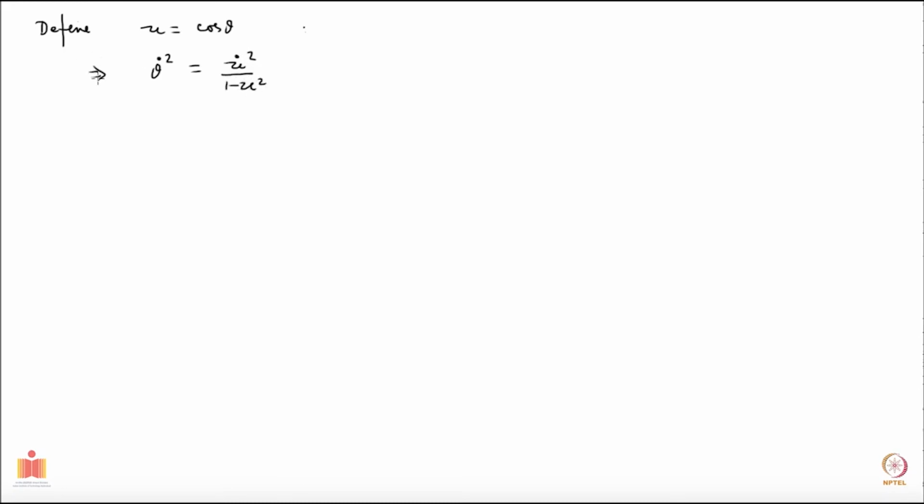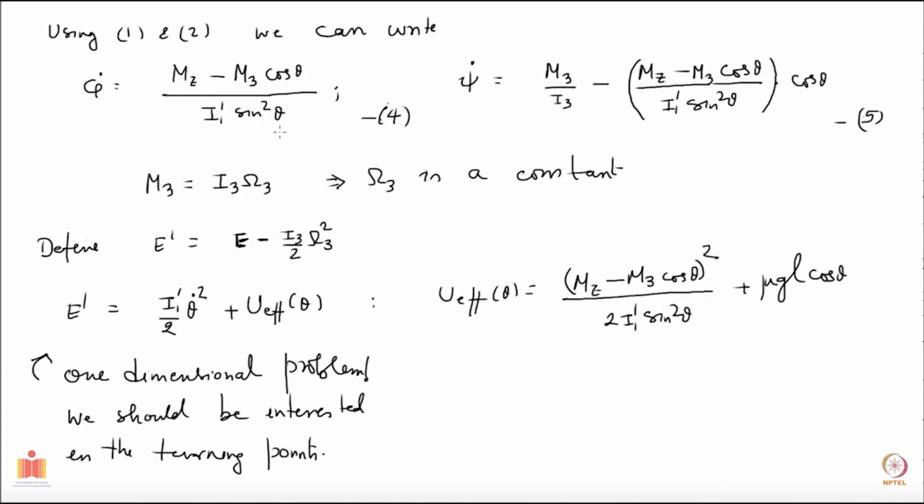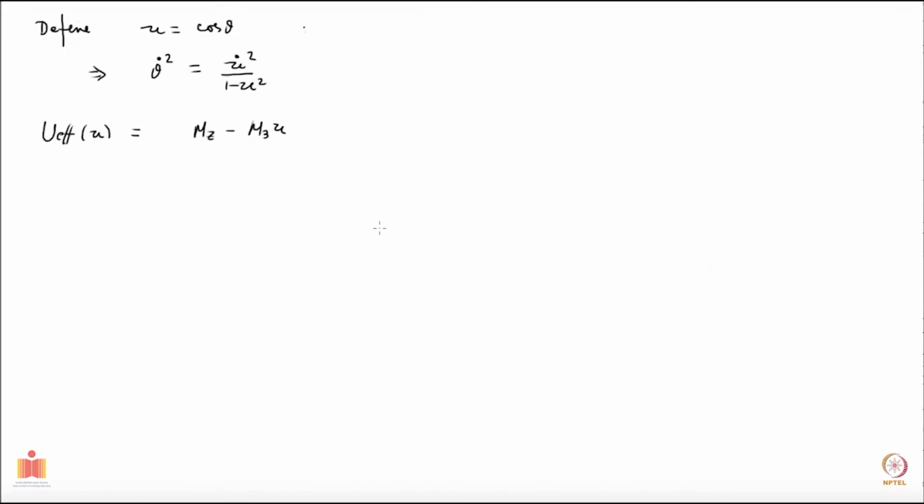Okay, that's nice. And my U effective of u becomes (mz minus m3 u) whole squared over 2 I1 prime (1 minus u square), plus mu g l u.